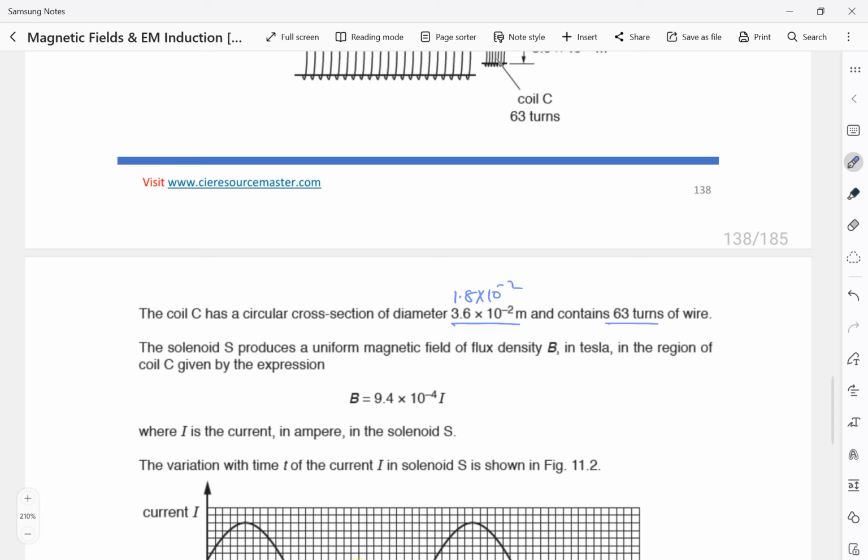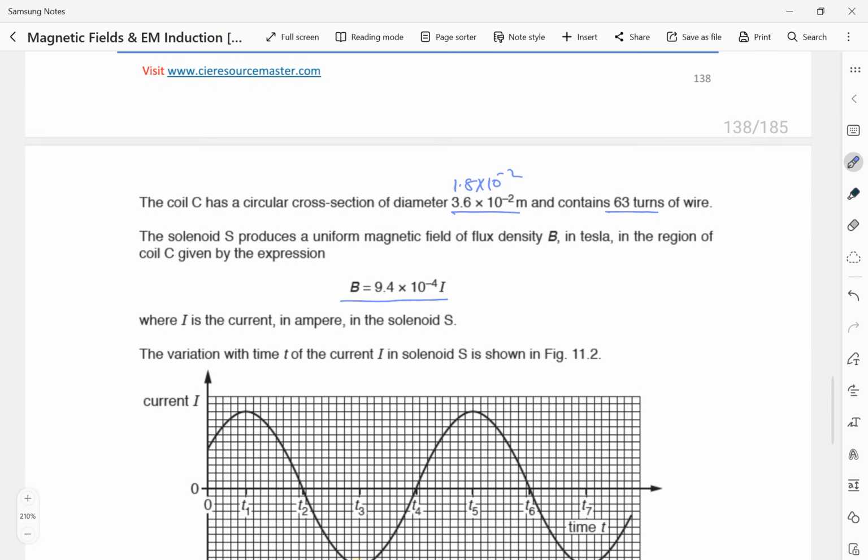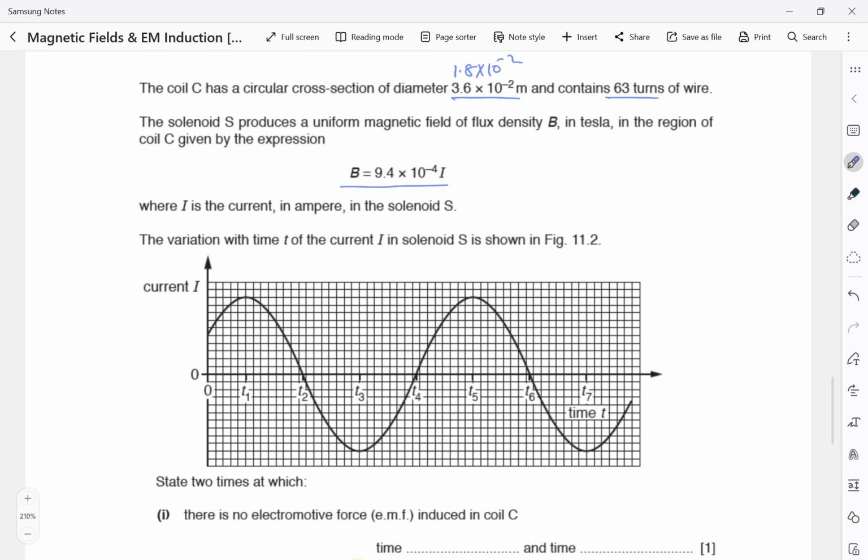The solenoid S produces a uniform magnetic field of flux density B in Tesla in the region of coil C, given by the expression B is 9.4 times 10 to the power of minus 4 times I, where I is the current in ampere in the solenoid. The variation with T of the current I in solenoid S is shown by the figure.